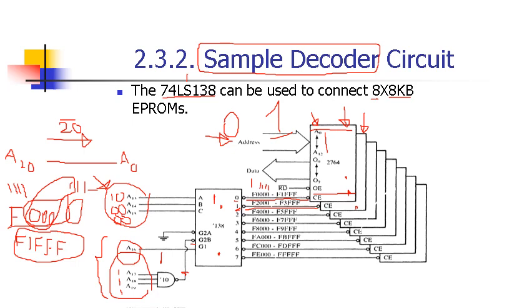So for the beginning address of this memory chip, 4 ones go here, then your B is 0, and your A is 1, and you have to provide again 13 zeros to get the data from the beginning address.